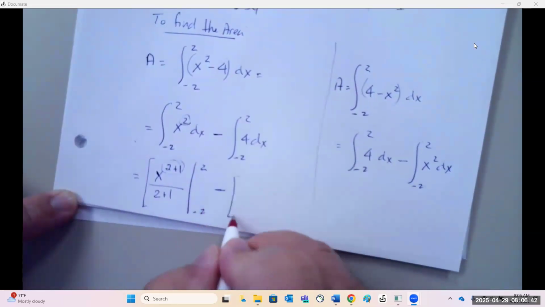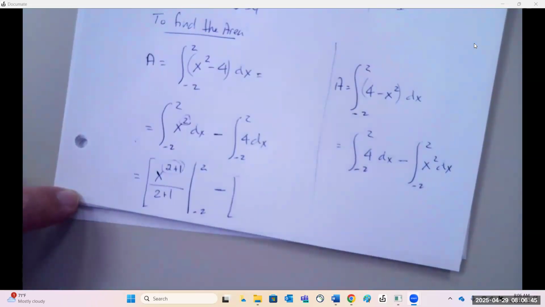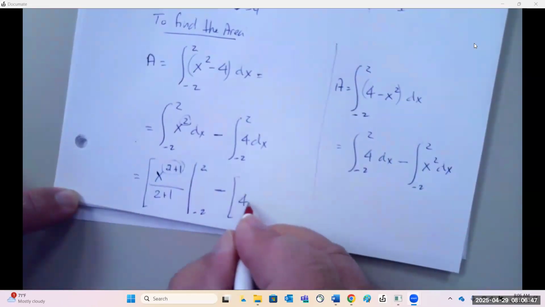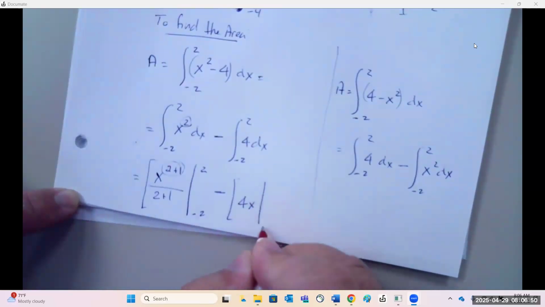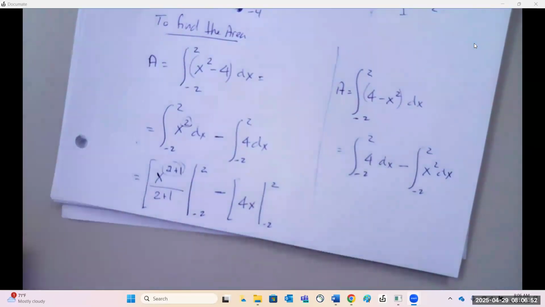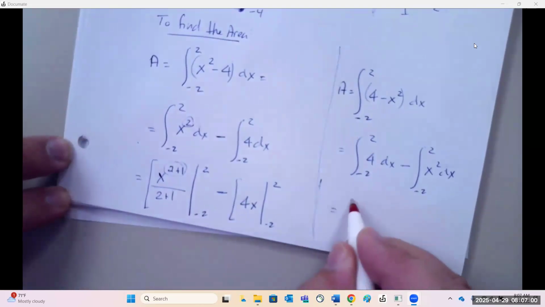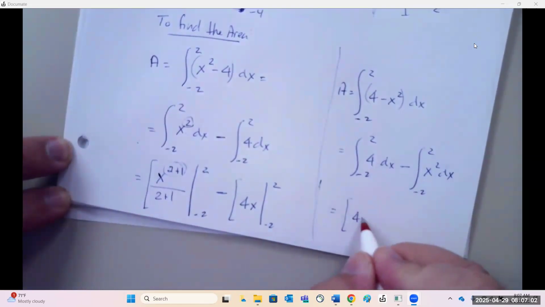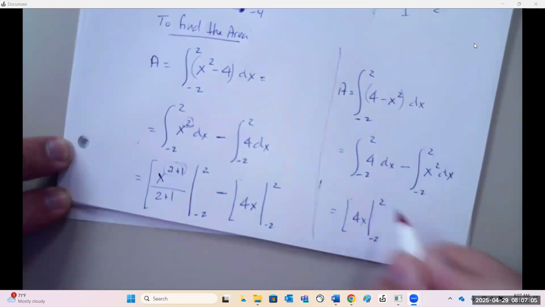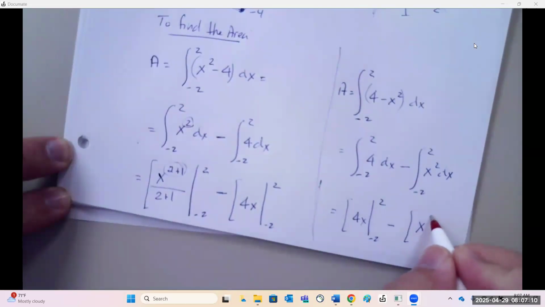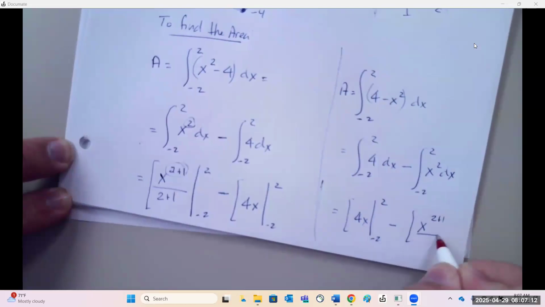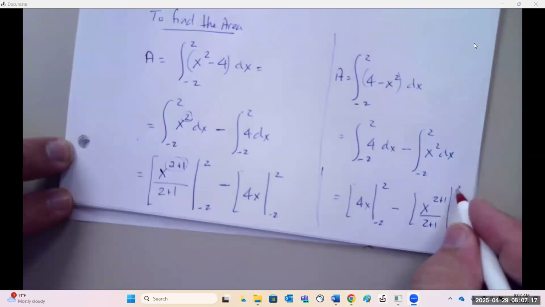The integral of 4: the integral of a constant is that constant times x, and we'll talk about that more later this morning. Similarly, we would do the same thing on the other side. So we have the integral of 4, which is 4x from -2 to 2, and the integral of x squared is 2 plus 1 divided by 2 plus 1 from -2 to 2.